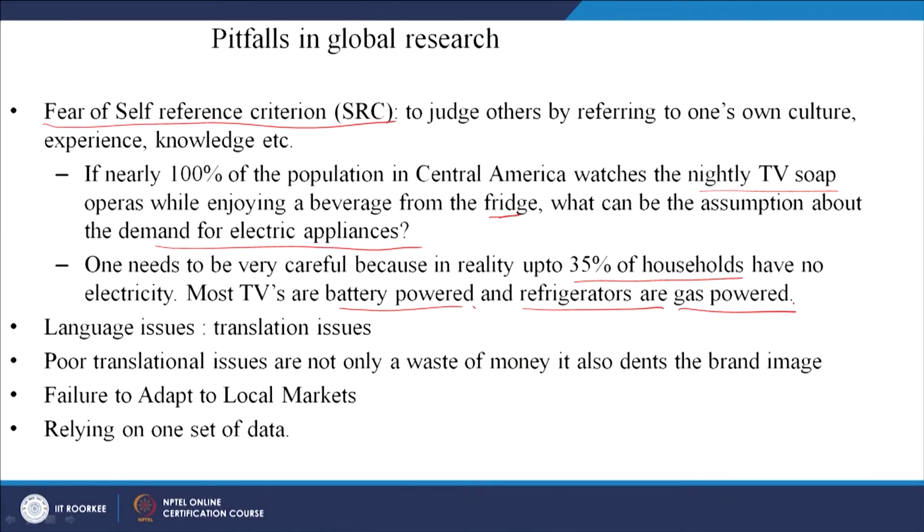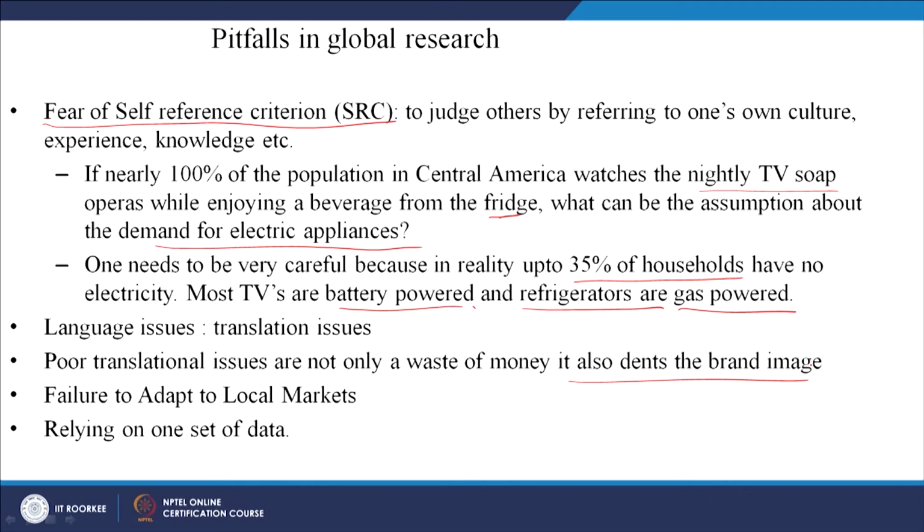That actually creates a very different meaning because of the change in grammar and the usage of language. That is very dangerous sometimes, and many companies have fallen into a trap by these translation issues. Poor translation is not only a waste of money, but it also dents the brand image of a company.